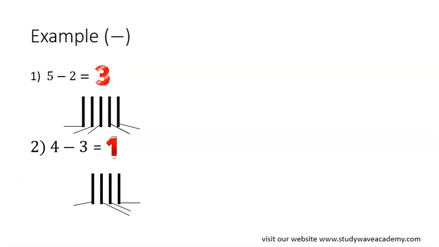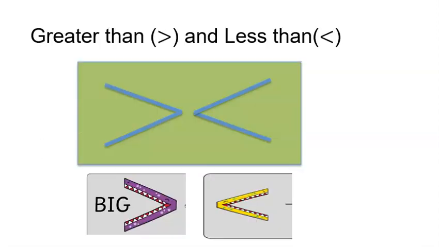Good. I hope you understood that, right? Very good. So we're going to be looking at other signs. And what sign do we have here? We have the greater than and the less than. Now, the greater than is this sign and the less than is this sign, okay? We have our right hand and our left hand. The greater than is our right hand pointing towards the right.